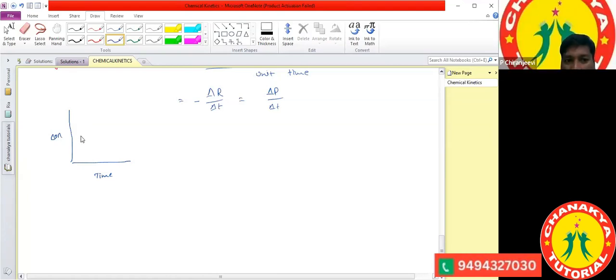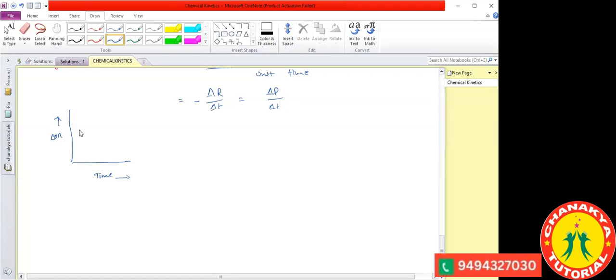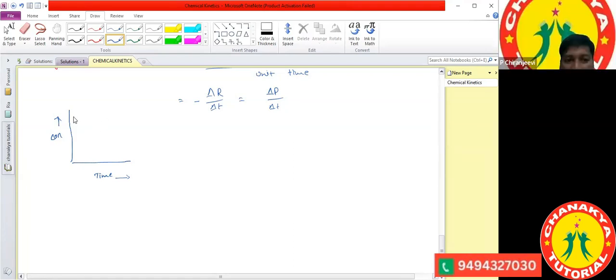Now, if the time increases, is the concentration of the reactant going to decrease or increase? If the time increases in a chemical reaction, does the concentration of the reactant increase or decrease? Decreases. Very good. So this is the highest concentration.